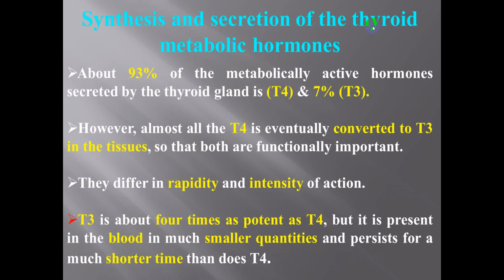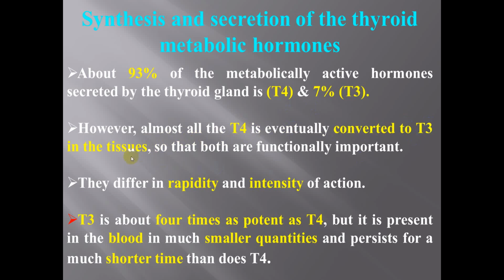Synthesis and secretion of the thyroid metabolic hormones. About 93% of the metabolically active hormones secreted by the thyroid gland is T4 and only 7% is T3. تلاحظون percent difference واضح. However, almost all T4 is eventually converted to T3 in the tissues.